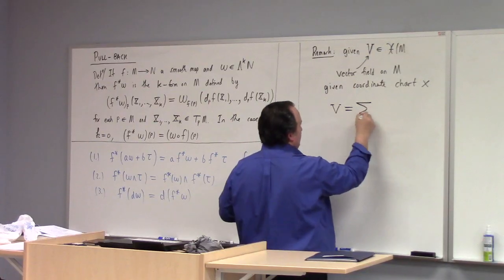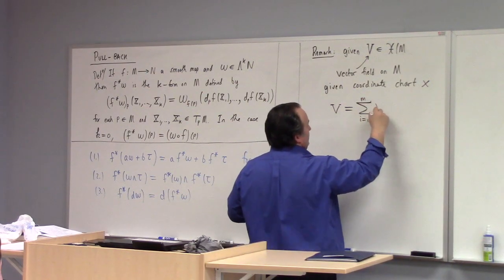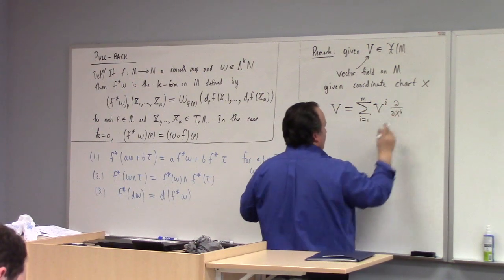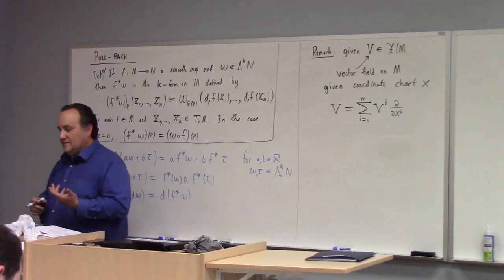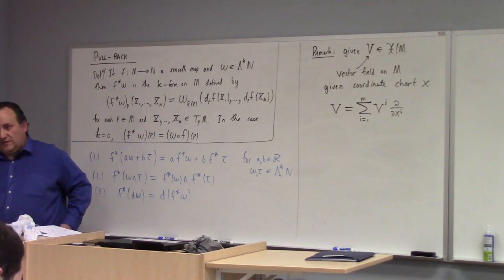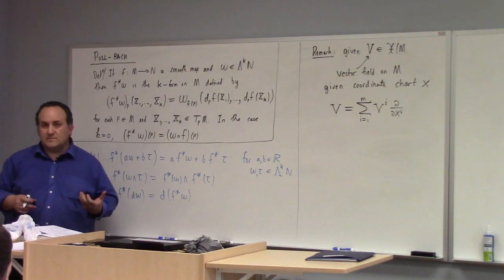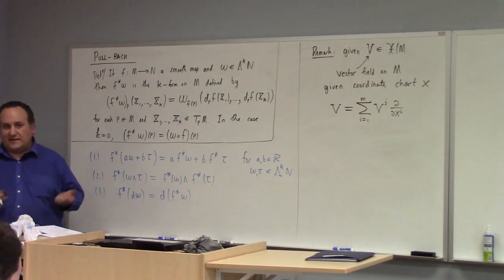We can say that's really the sum, i equals 1 to, let's say, m, of V upper i partial xi. And I'm intentionally not writing the point dependence because I do mean this as a vector field equation. The V upper i are functions, and the partial xi are vector fields that are defined on the chart domain.